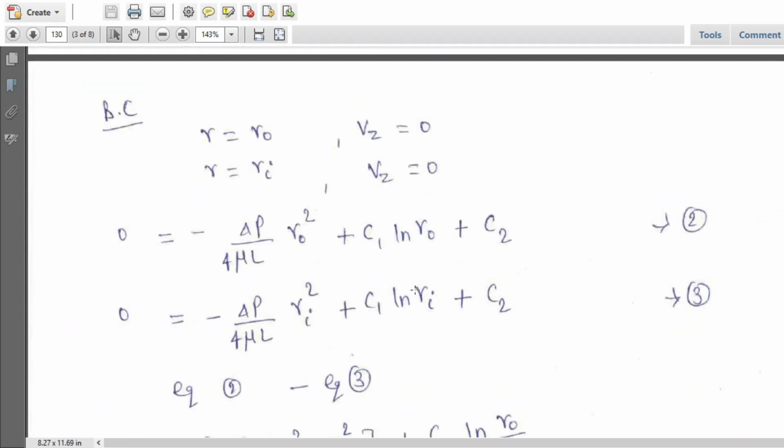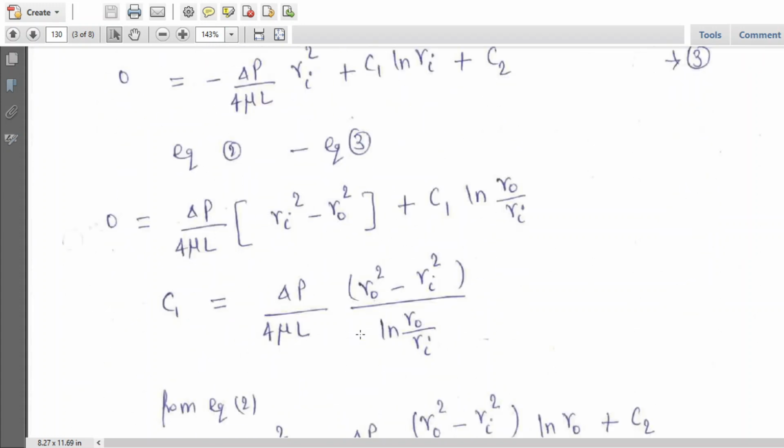Now the boundary conditions: at R equal to R0, at the wall of the outer cylinder, VZ equal to 0, no slip condition. At R equal to Ri, VZ equal to 0, no slip condition, because both the pipes are stationary. Substituting these in equation 1, we get these two equations.